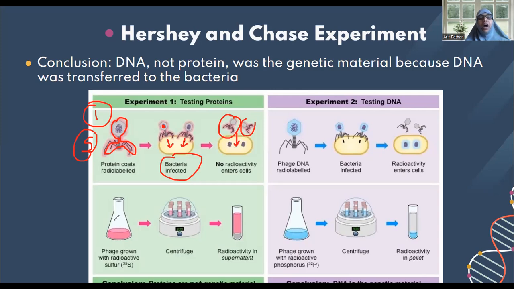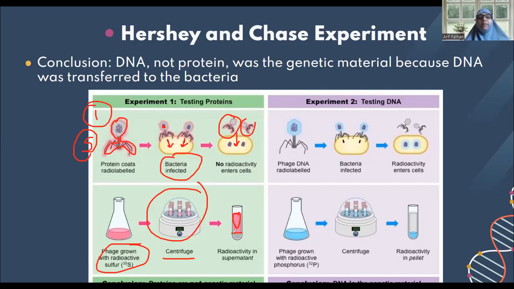How? When this solution was collected and centrifuged, the radioactivity was seen in the upper solution, because when centrifugation happens, the body of the virus is low molecular weight, and bacteria are high molecular weight substances.